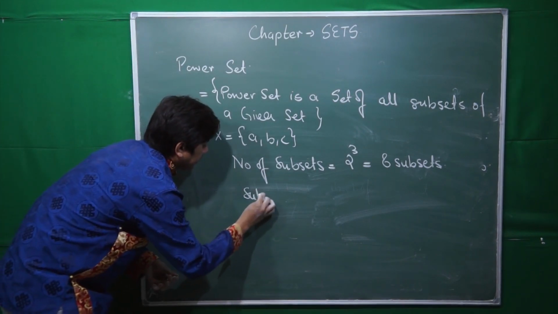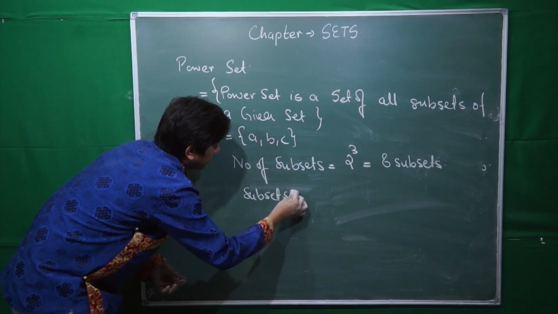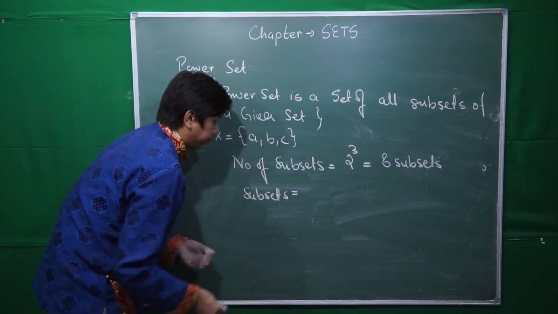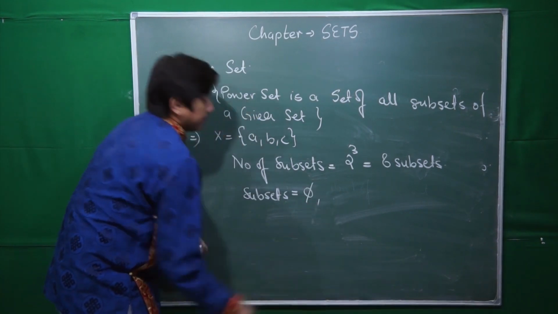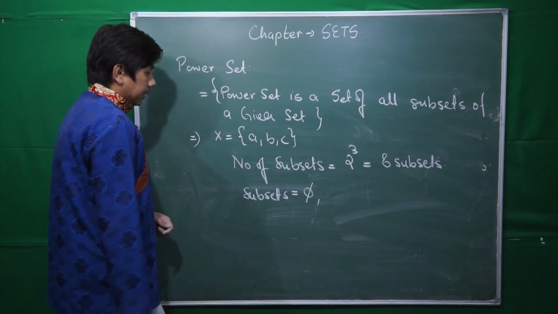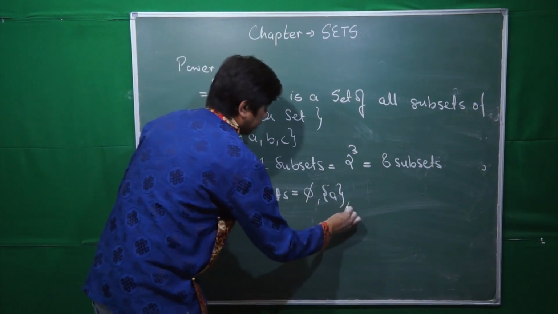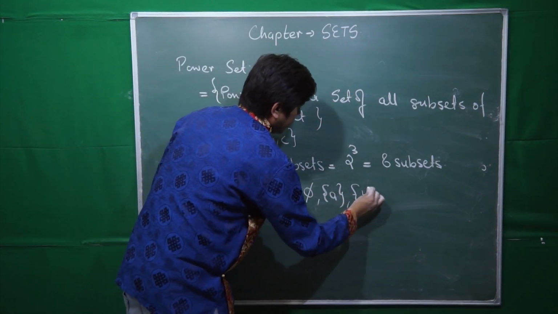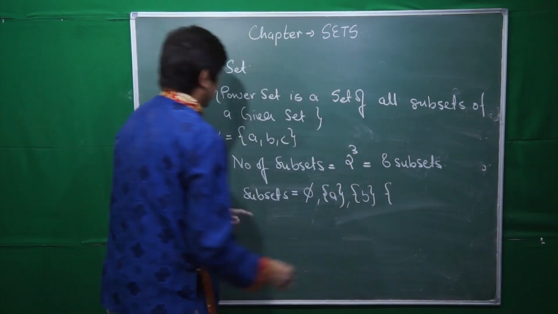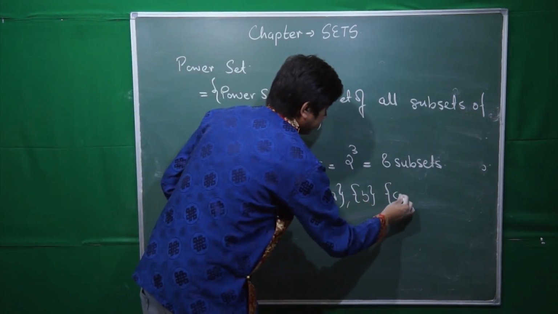The subsets would be, as you remember earlier, null set. Next one would be singleton set {a}, singleton set {b}, singleton set {c}.